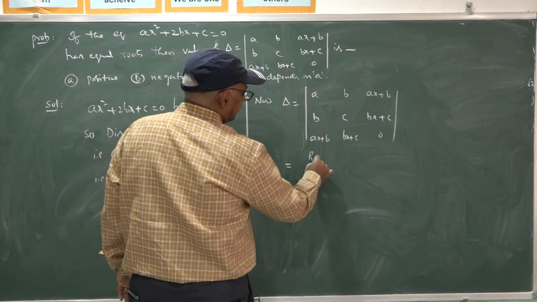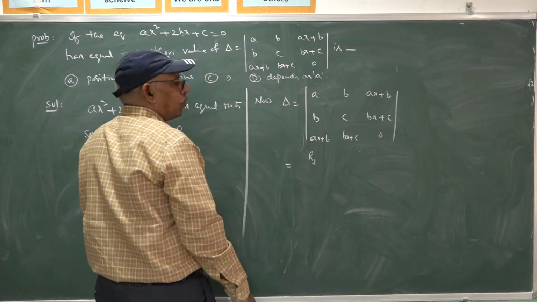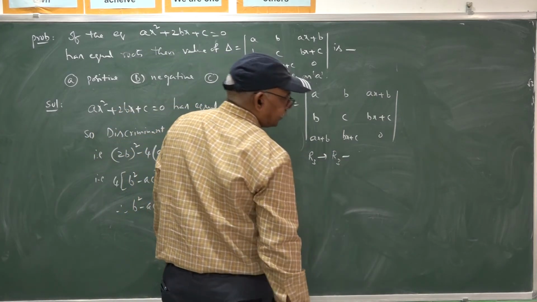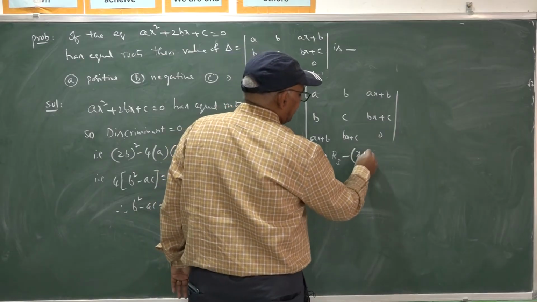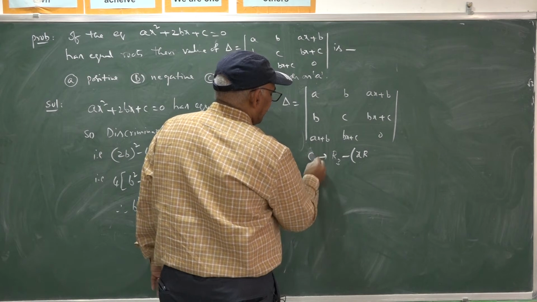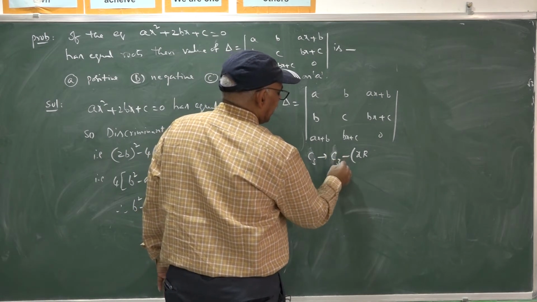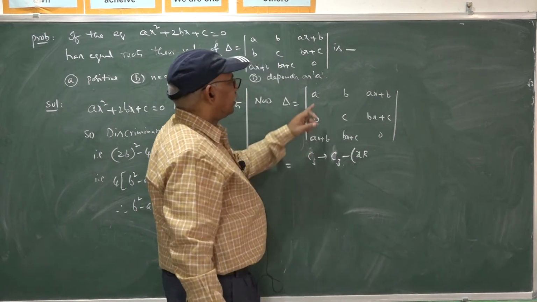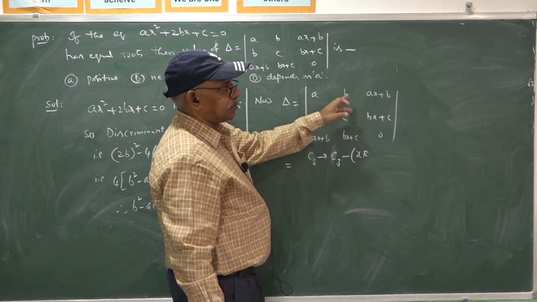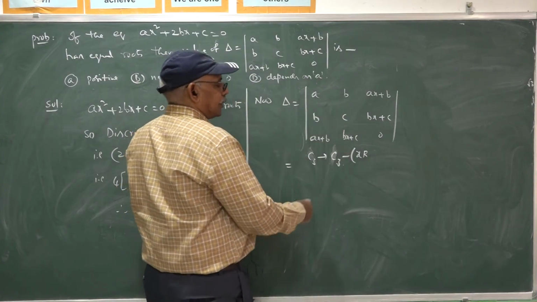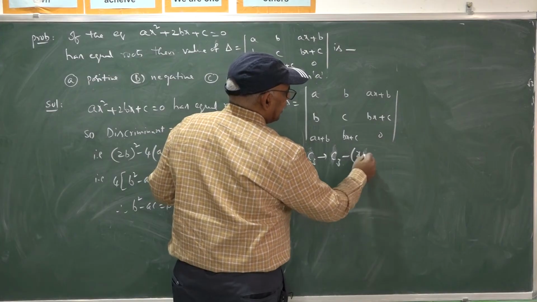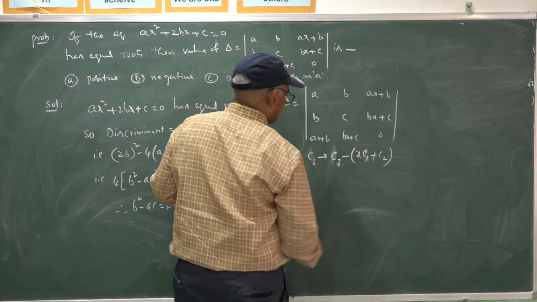That means you have to take the transformation over column wise, C3 goes to C3 minus of x C1 plus C2. Once you multiply this one with x and add, taking columns by transformation, C3 goes to C3 minus of x C1 plus C2.